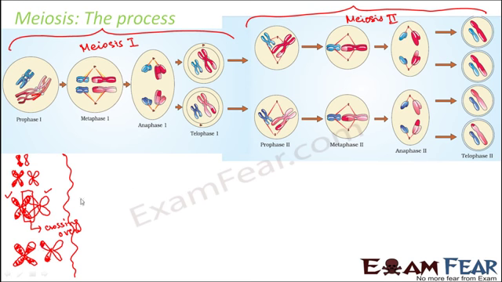I am not getting into the detail of how it is formed, or when it is formed. For that you can refer to those videos, but just try to understand that when crossing over takes place, there is some mingling or mixing up of some portion of the chromosome, and every portion of the chromosome contains some genes, and those genes control some traits.